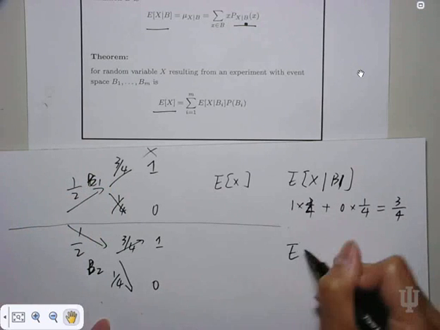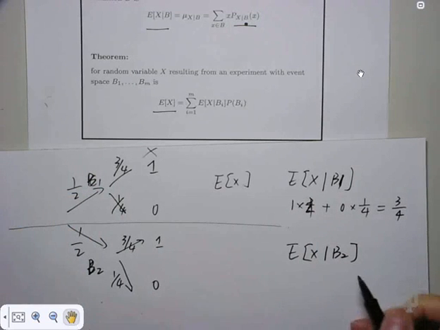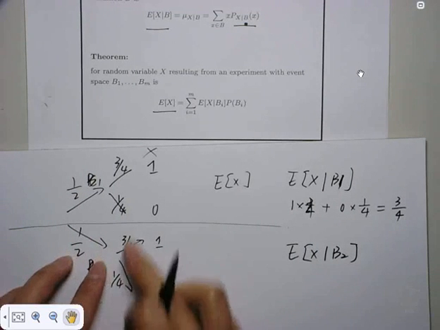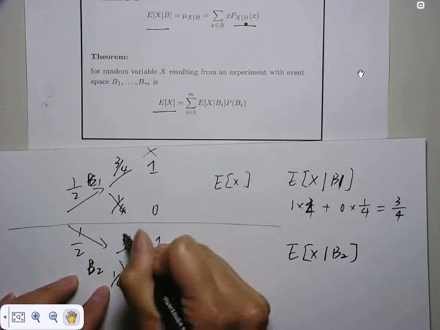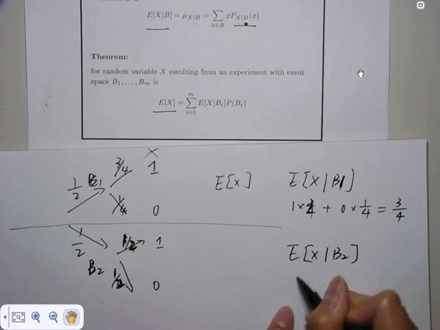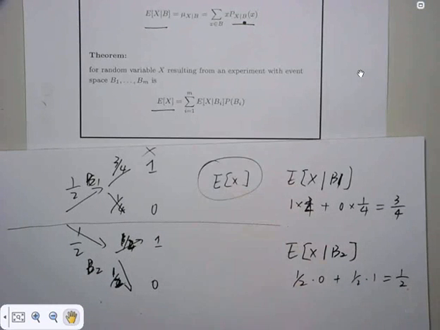If you're located here, you're using the second coin, which means you have to use conditional probability. Right, and I want to verify this.